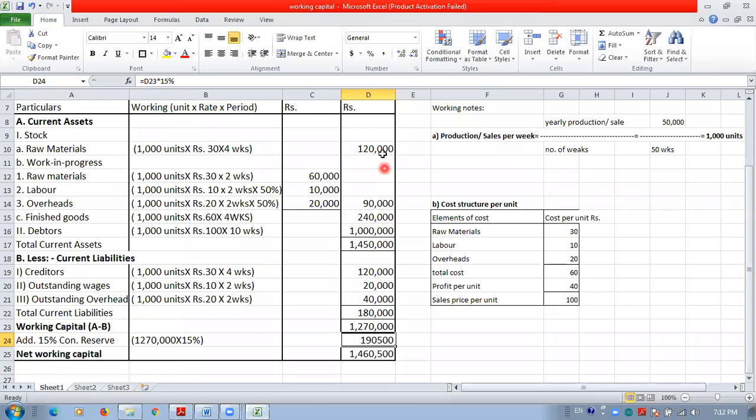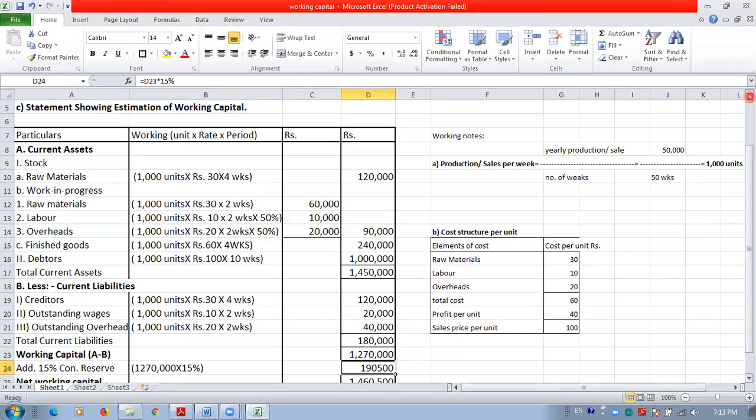As we have applied a formula here, everything adjusts. Though one or two figures change, the formula automatically changes everything and adjusts the figures. Yes, it is right now: 14,60,500. So this is the way we estimate the working capital. This is the method by which we calculate working capital.